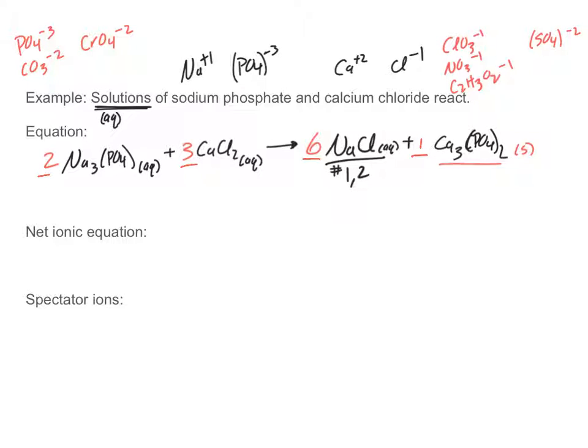Now, the next thing I'm going to do is write what I call the complete ionic equation, going from left to right. So, at this point, I'm going to do the first compound, which is aqueous, so that means they made ions, so I'm going to write this.